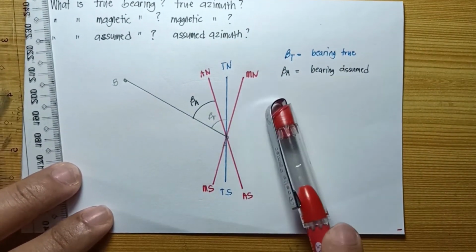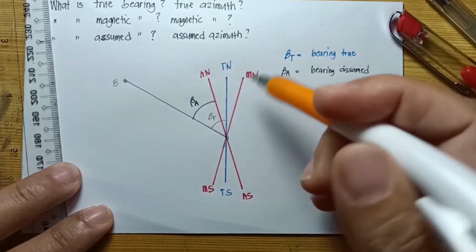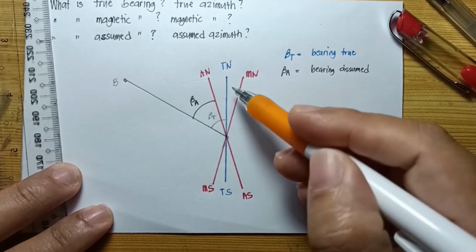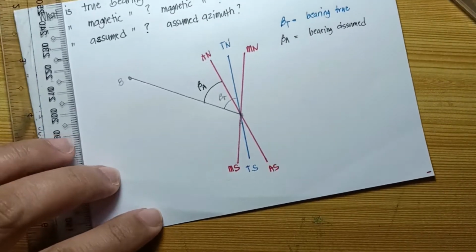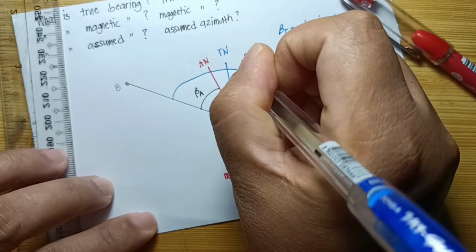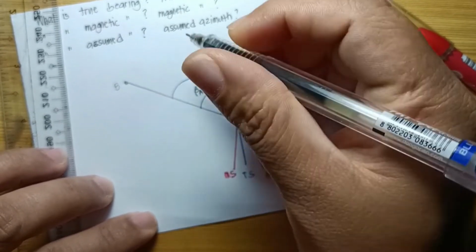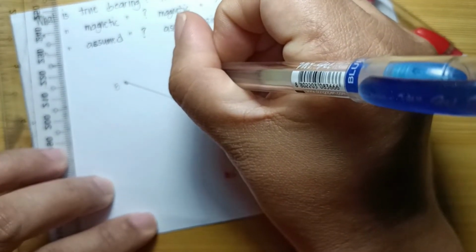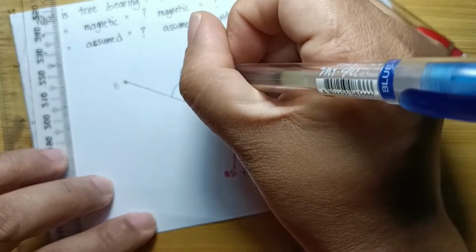The angle between the magnetic meridian and the line, this amount, is called the magnetic bearing.